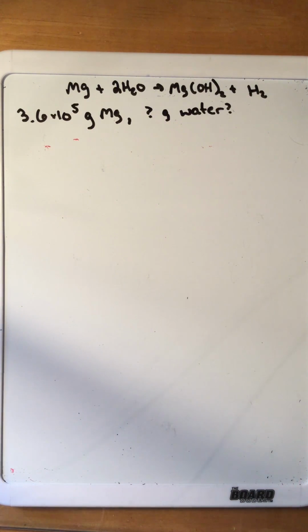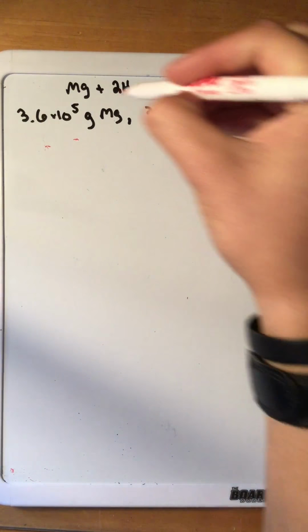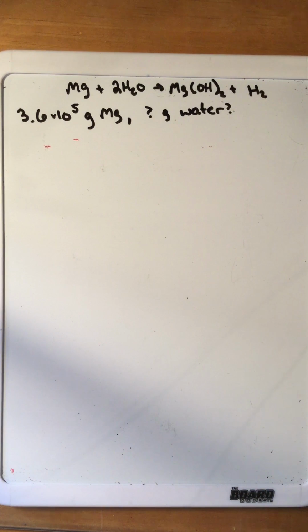So I only wrote down the bits of information we really need. I have the chemical equation, and I have what we're starting with, and then what we're going to get. So this is dealing with limiting reactants a little bit, because we're simply trying to figure out how many grams of water must be used to have all of the magnesium react. So basically, the Mg here is our limiting reactant.